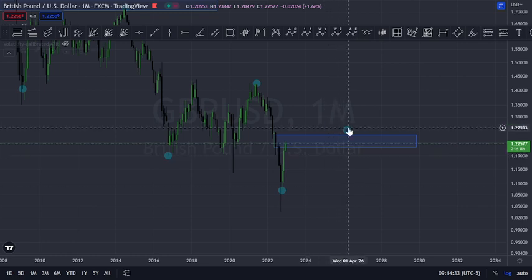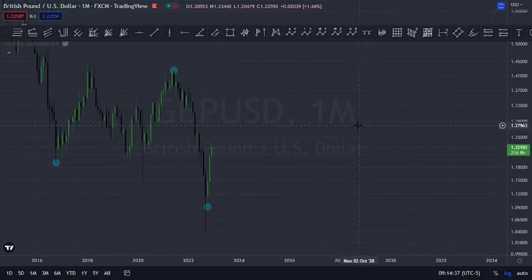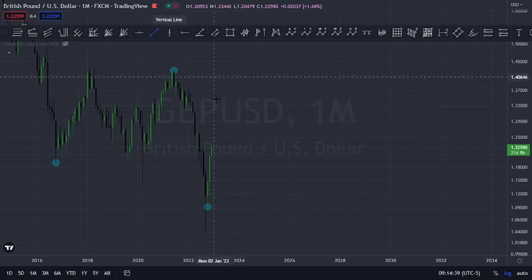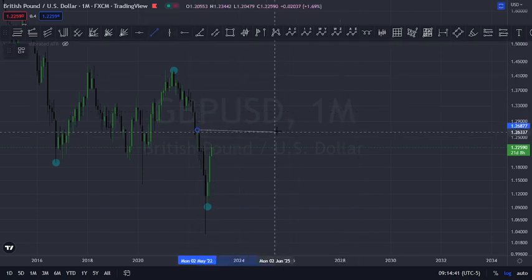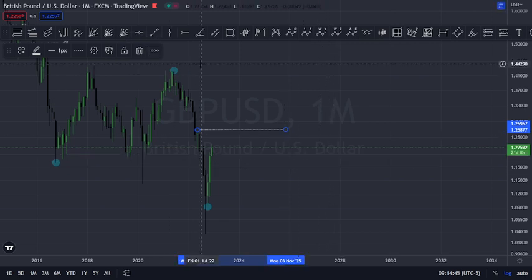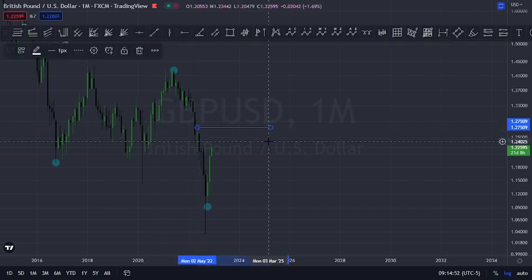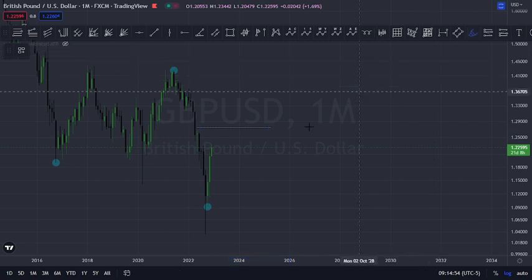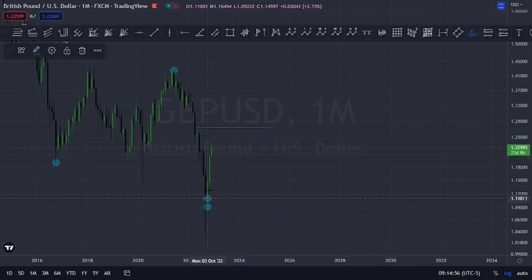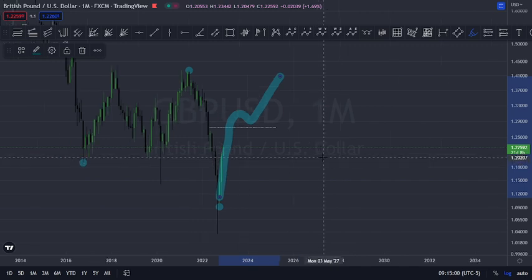So my first assumption is this one, and my second is that the market will do a break of structure.